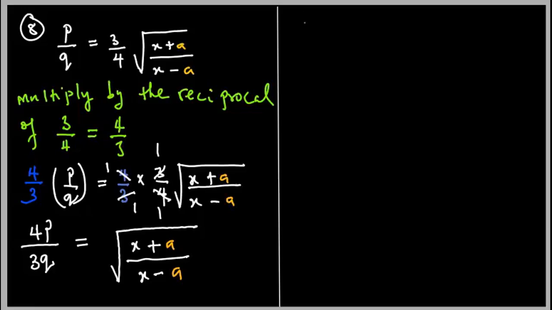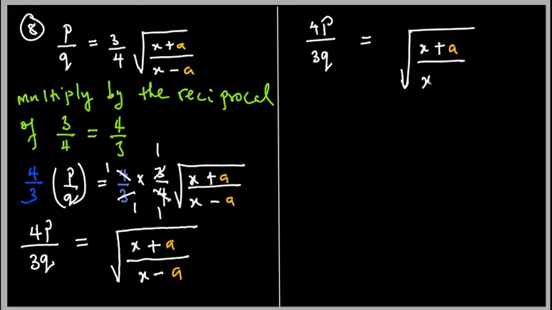So squaring both sides, we have 4P over 3Q equals to the square root of x plus a all over x minus a.